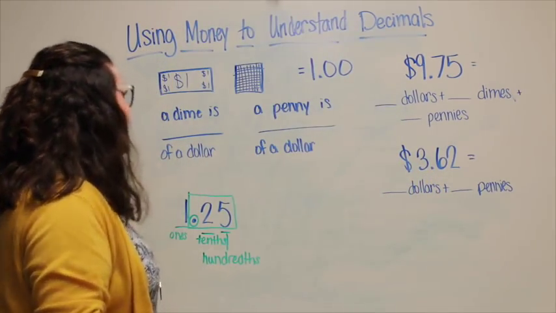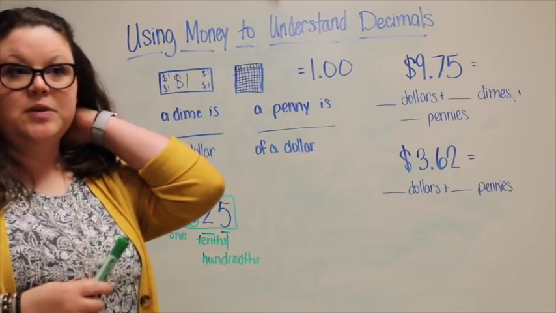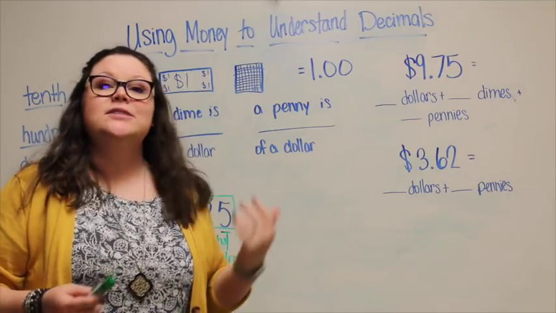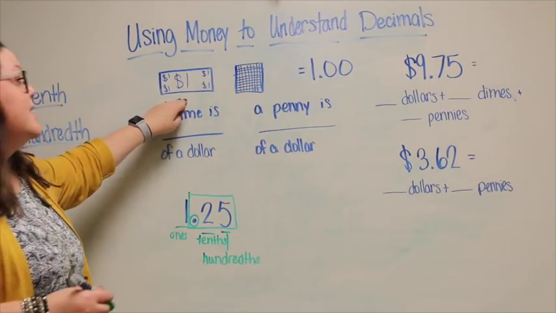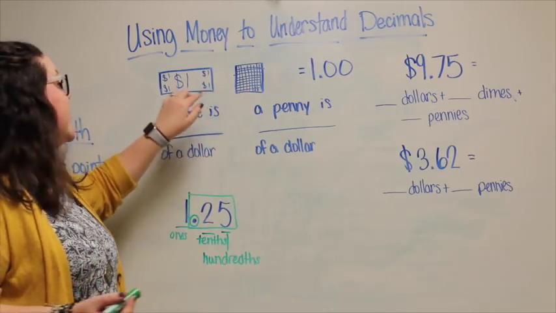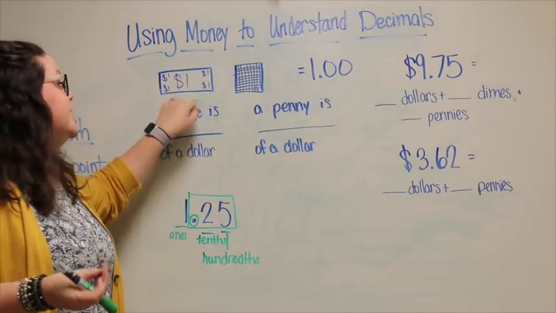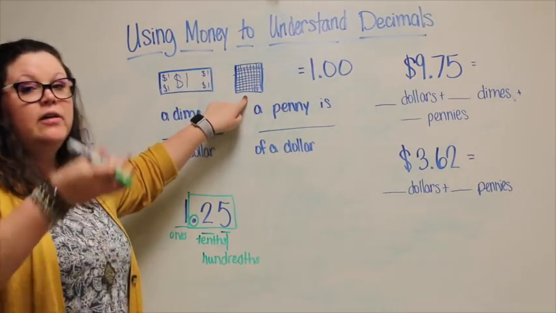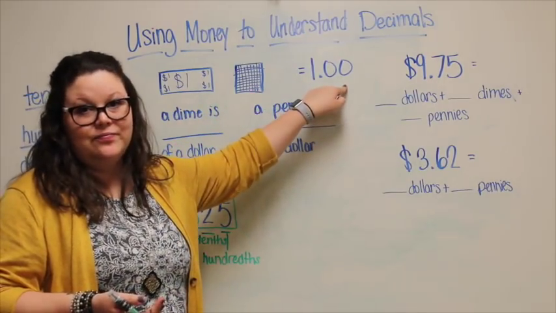We can also use money to help us. Money is super helpful when trying to understand decimals because we are already familiar with that and using cents. So $1 is similar to my hundredths flat. It is one whole dollar, just like this was one whole flat. So we're going to say it equals 1.